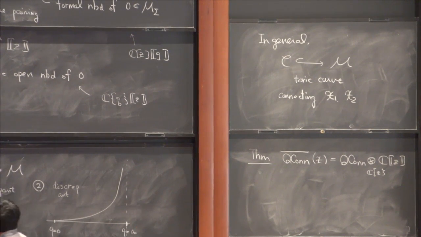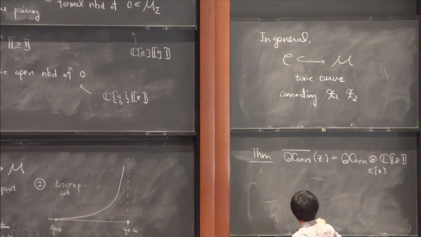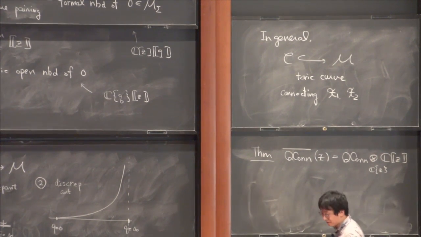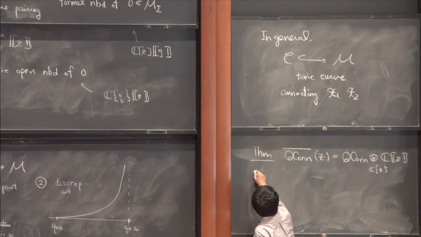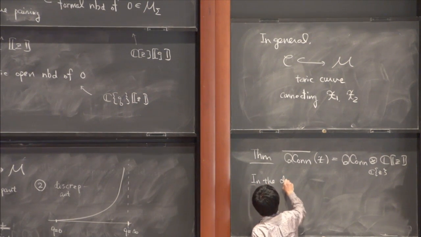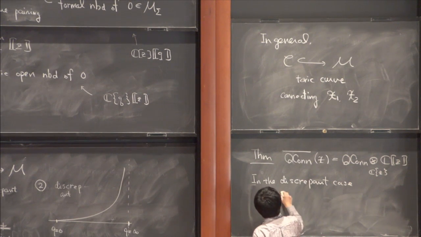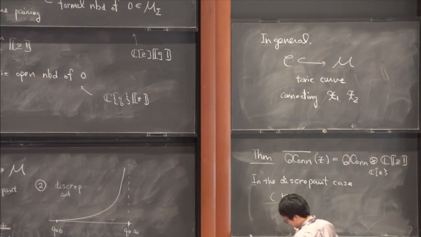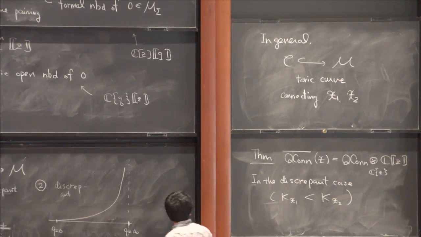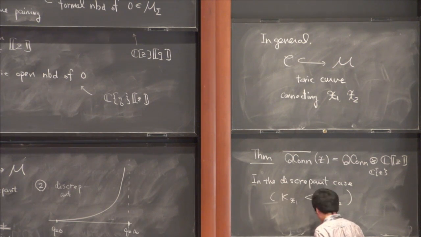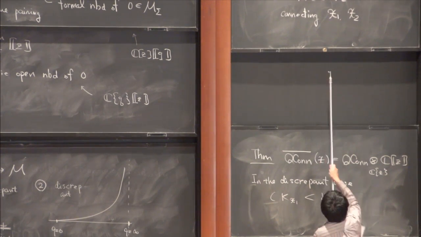By the second part of the theorem, the quantum connection is known to be convergent, and I take a completion with respect to Z, not with respect to Q. Then, in the discrepant case, that is, if the canonical class of X1 is smaller than the canonical class of X2, you have the following result.